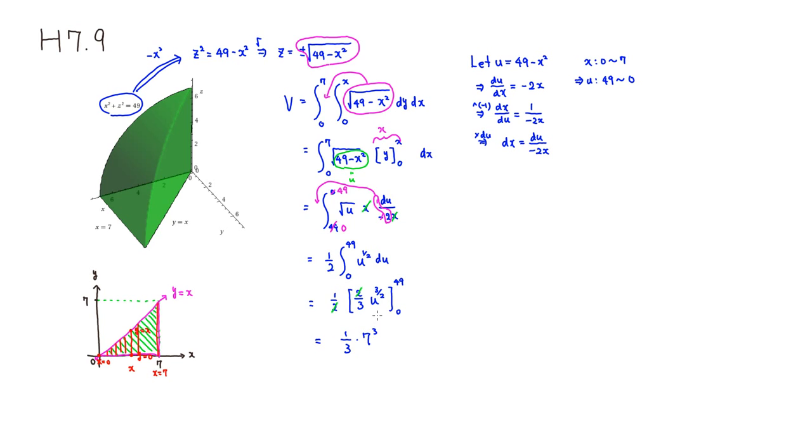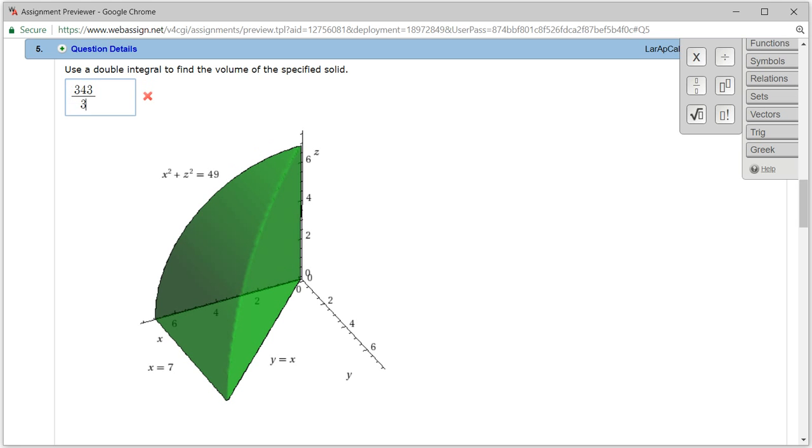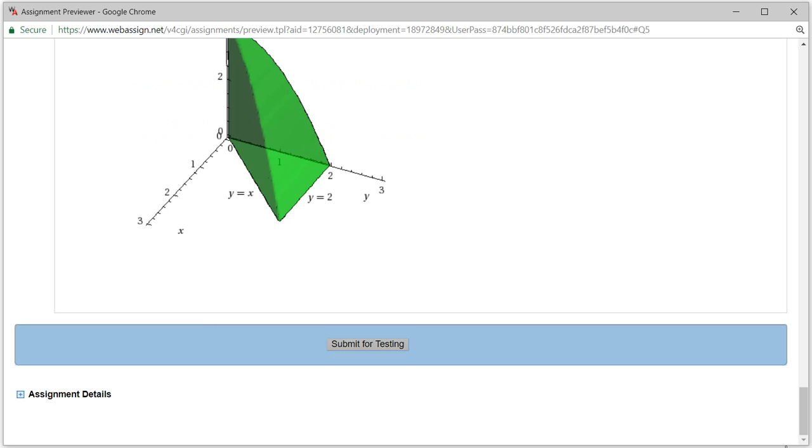What's 7 cubed? 7 times 7 is 49, and times 7 is 343. So this is 343 over 3. Let's type it in and check the answer.